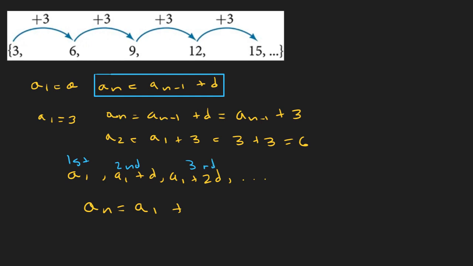So it leads us to believe that this would be plus n minus 1 times our common difference. So now it appears that we do have an explicit formula that defines our arithmetic sequence.